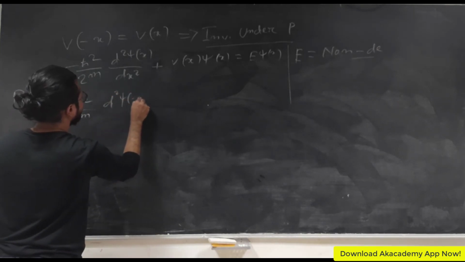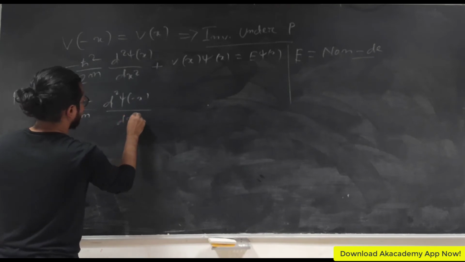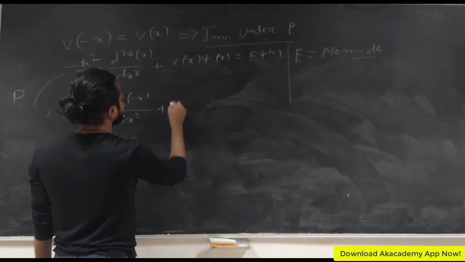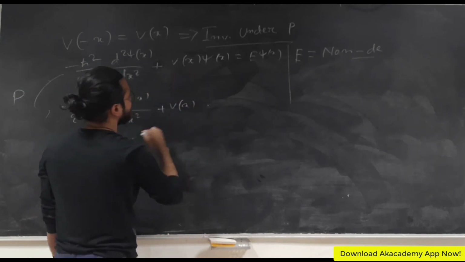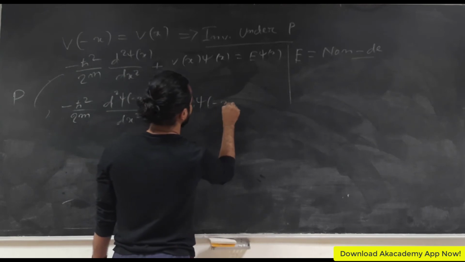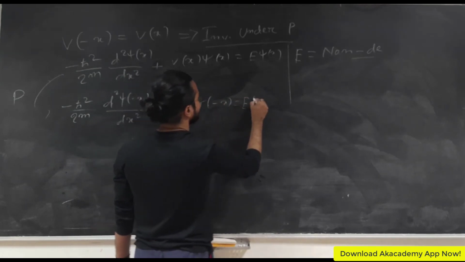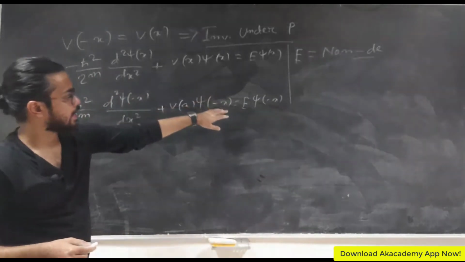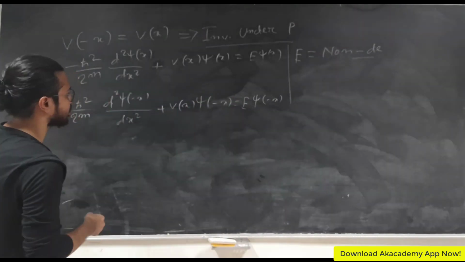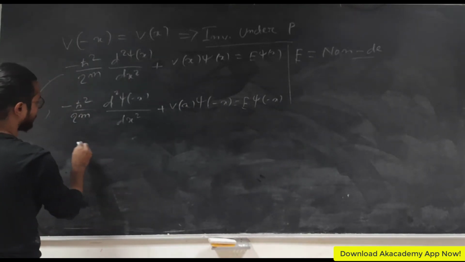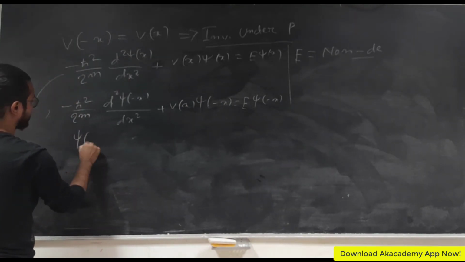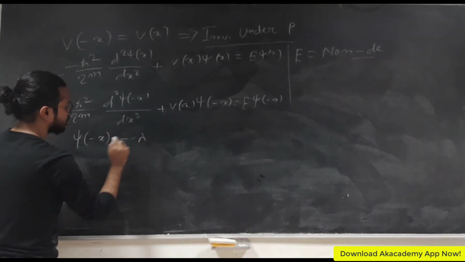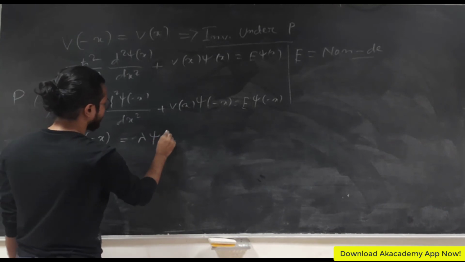d2 psi of minus x dx2, this is squared, so no change. Our potential is invariant under parity, and this is psi of minus x, E remains E. Now since our energy state is non-degenerate, we can say that this psi of minus x is some constant multiplied by psi of x.